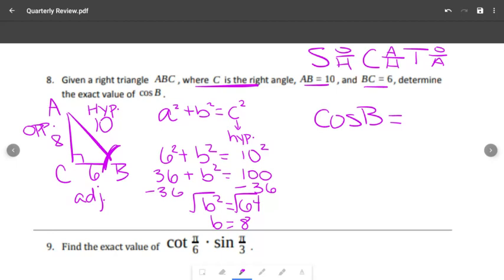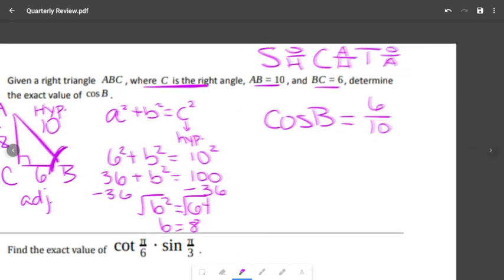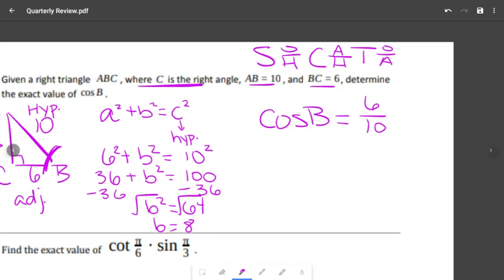So cosine is adjacent over hypotenuse, so 6 over 10. If you wanted to simplify, you could. You don't have to. This is a nice decimal, so if you give me the decimal, that's okay too. If it's a decimal that goes across your screen though, math enter, enter, you have to make it a fraction.